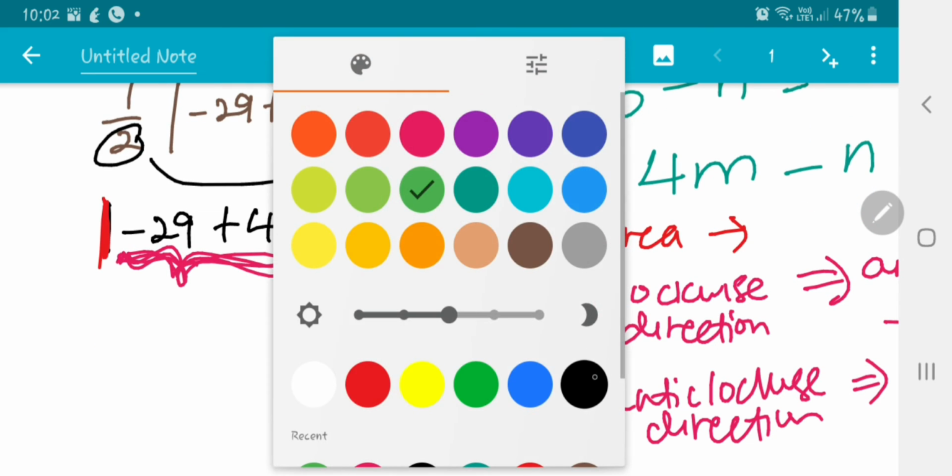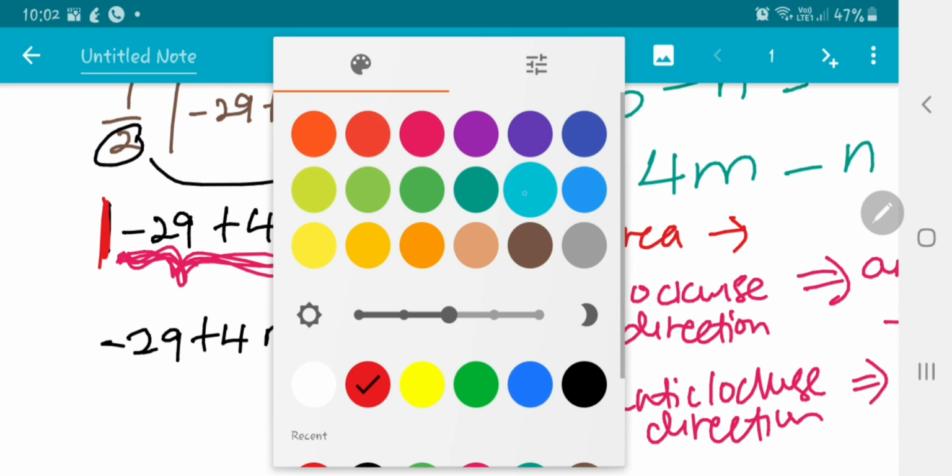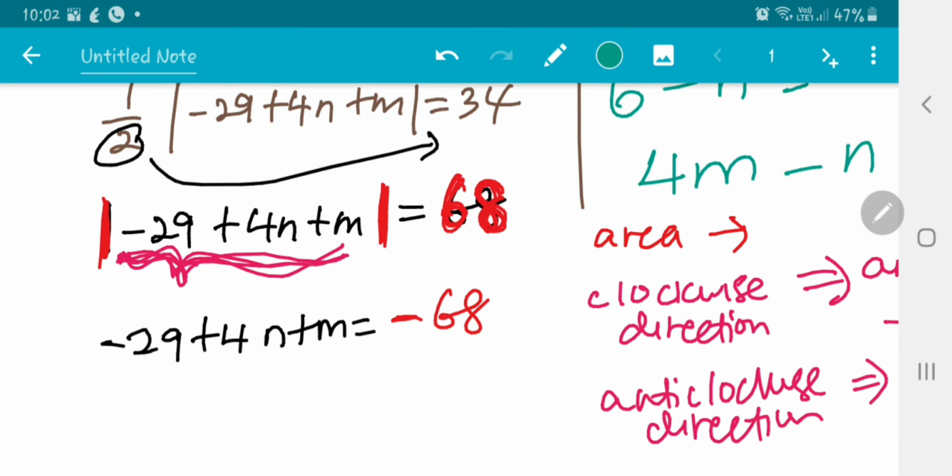So bila kita buka modulus sign, kita pilih negative 68. So kita akan dapat apa? 4n plus m. Negative 68 plus 29, dia jadi negative 39. So ini one equation yang you dapat.